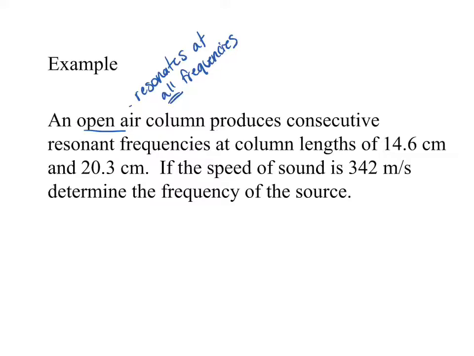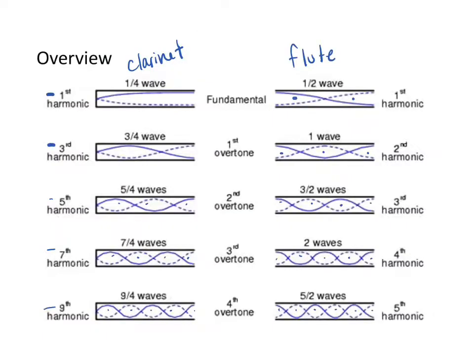Okay, well, we kind of have the column lengths here, right? But we have 2 different ones and we have 2 consecutive things. So here's the weird thing about this. So this is an open air column. So say this is the 14.6 centimeters. I have no idea how many waves are happening here, right? This could be a lot of waves as long as it's ending on an open wave, right?